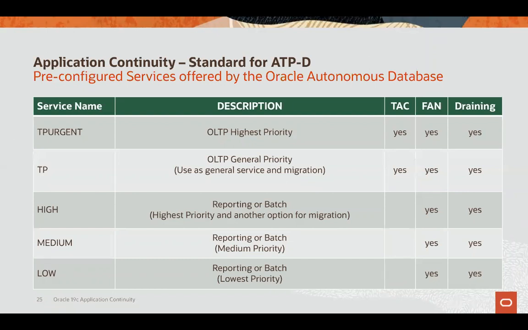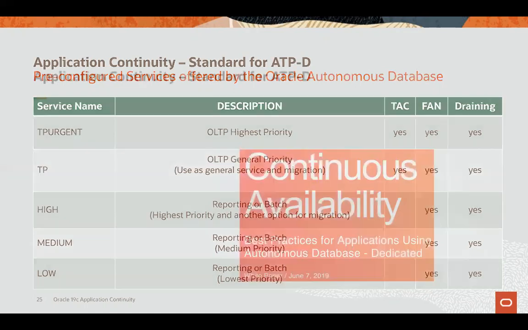Fast application notification is available through the Oracle Notification Services, with all five services available on ATPD environments. And draining is explicitly available and configured; the draining strategy is available with all services in ATPD environments.